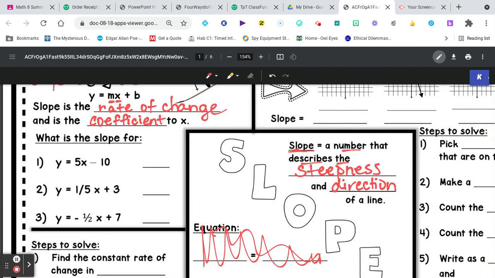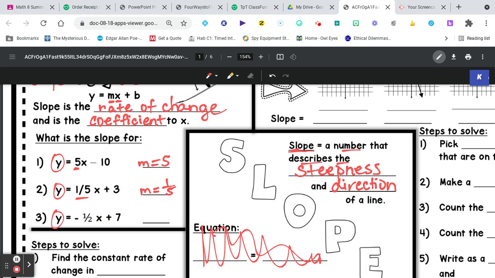What's the slope for the first equation, y equals 5x minus 1? Well, y is by itself, and what is attached to x? The coefficient of x is 5, so m equals 5. The slope is 5. On number 2, y is by itself, so it's in slope-intercept form. The coefficient of x is 1/5, so m is 1/5. It's just that simple. You just pick the number attached to x, and it represents m, which is your slope.